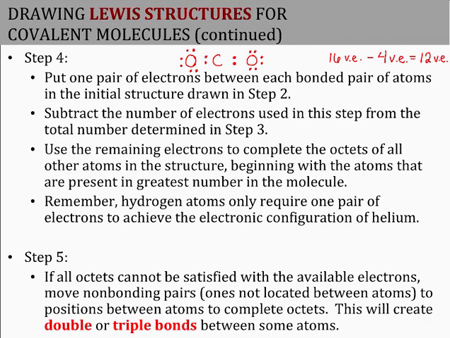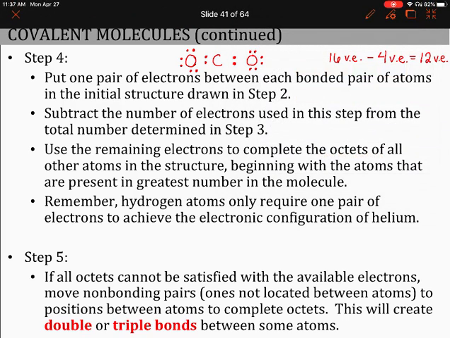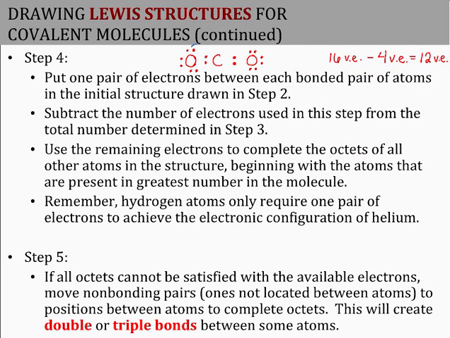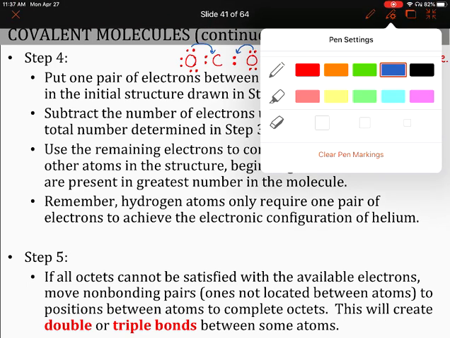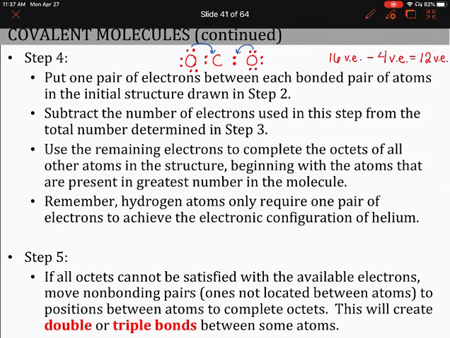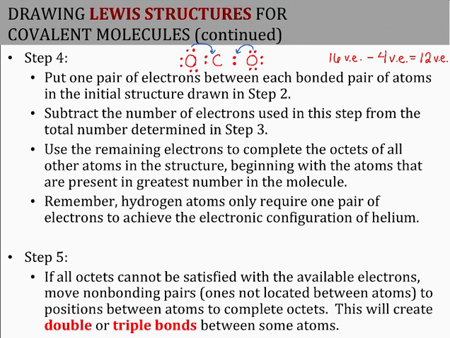So what we can do, and let me choose a different color here, we can move these non-bonding electrons down in between the atoms. So electrons are pretty mobile. Remember, they're pretty energetic and they like to move around really quickly. So they can be moved around.